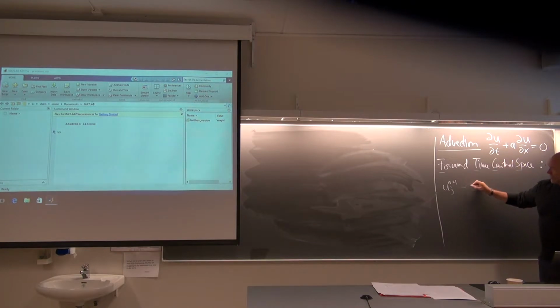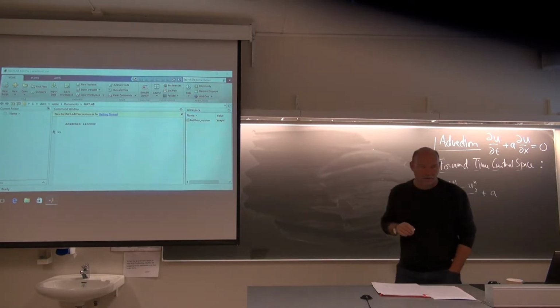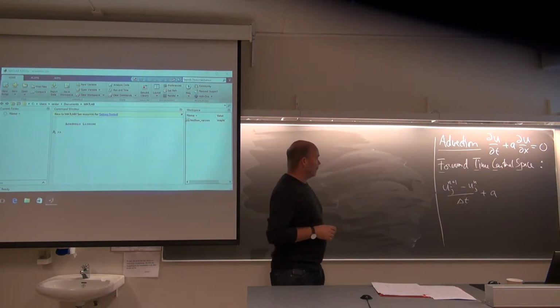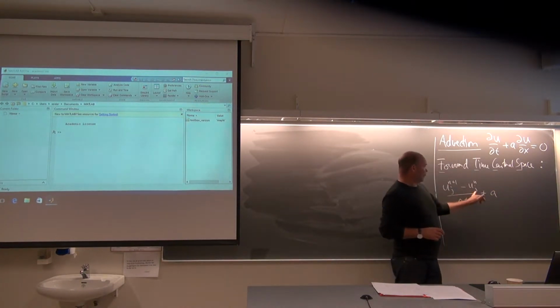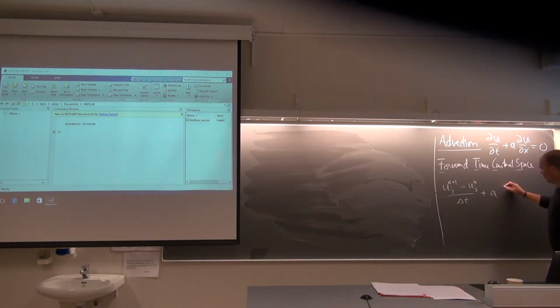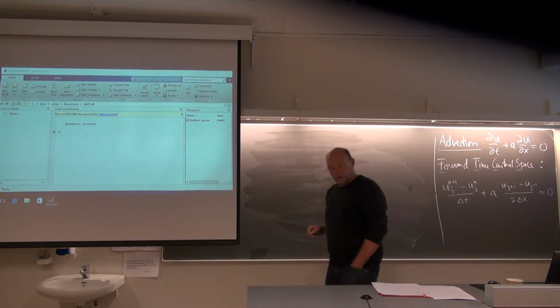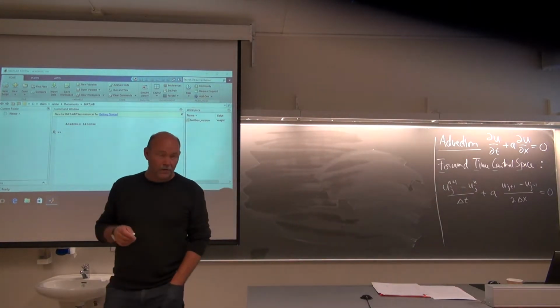Then the time derivative will be u_j^(n+1) minus the old one, divided by delta t, plus the constant velocity a. Now I need a space derivative, but it should be central, around my center point j. So here I have to use u_(j+1) minus u_(j-1) divided by 2 times delta x, equal to 0.